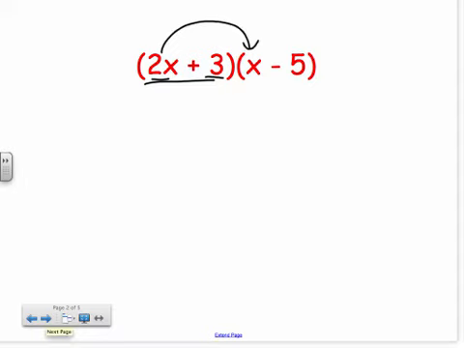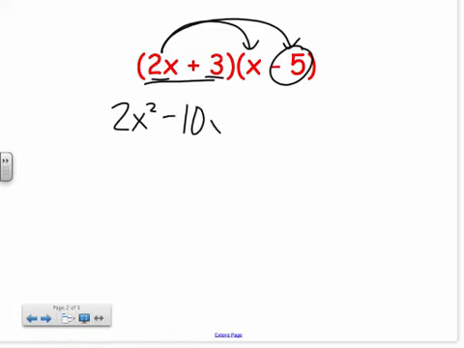So 2x times an x would be 2x squared, right? x times x I can write as x squared. Then I go ahead and take 2x times that -5. Don't forget to do the -5. And really I'm just multiplying 2 times -5, which is -10, and I still have my x left over. So I did the first and the outside so far. Then I also do the insides and the last.